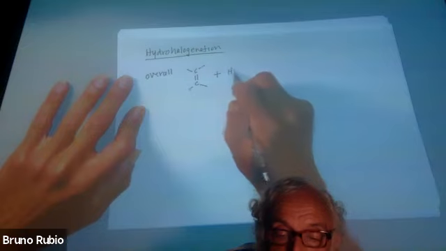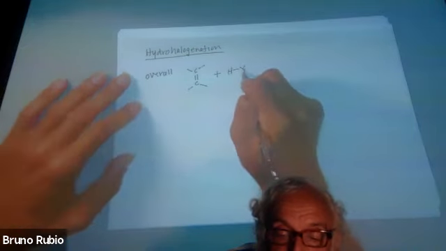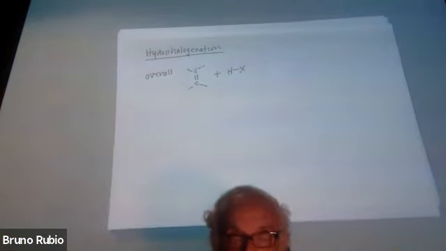And the overall reaction here will be, you have an alkene, you react that with a hydrogen halide, right? So this could be HF, but it never is. HF, HCl, HBr, or HI, no peroxides when we use HBr, right?